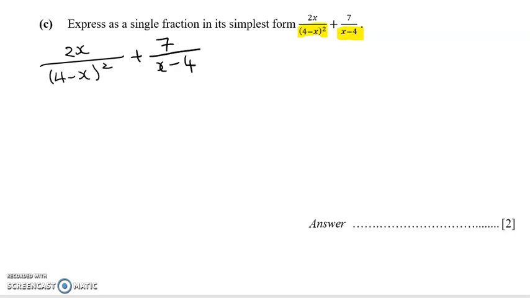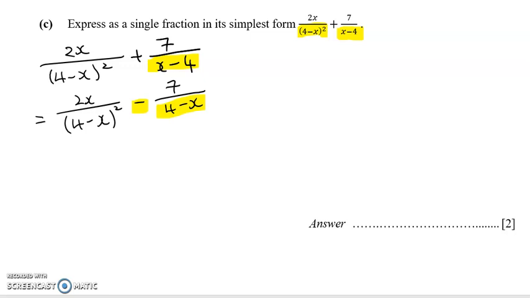We see that 4 minus x and x minus 4 are actually related, so we can try to change x minus 4 to 4 minus x by factorizing a negative 1 out. Then we will get something like this.